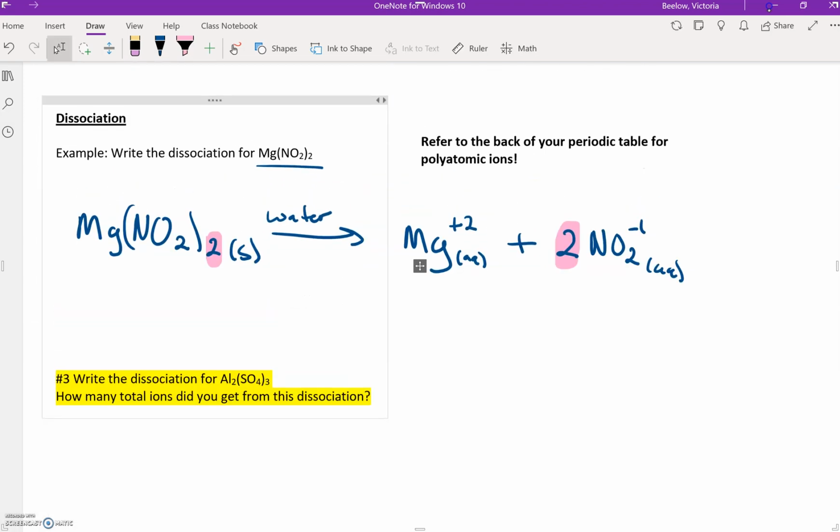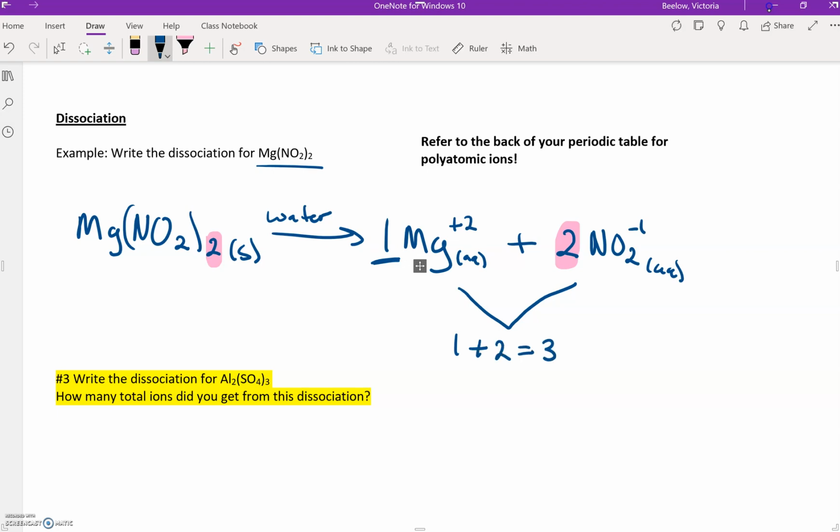And I also would like you to count how many total ions you get. Now that's pretty straightforward. All you're going to do is add these two together, the numbers in the front. So although we don't write it, there's a 1 in front of the magnesium, and we know there's a 2 in front of that nitrite ion. 1 plus 2 would give you 3.